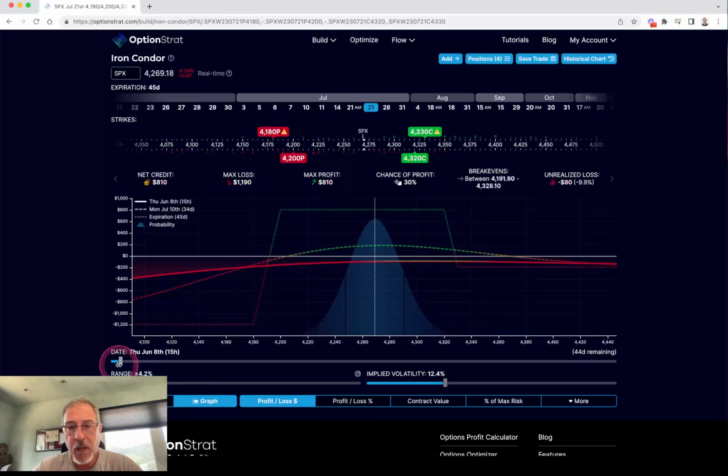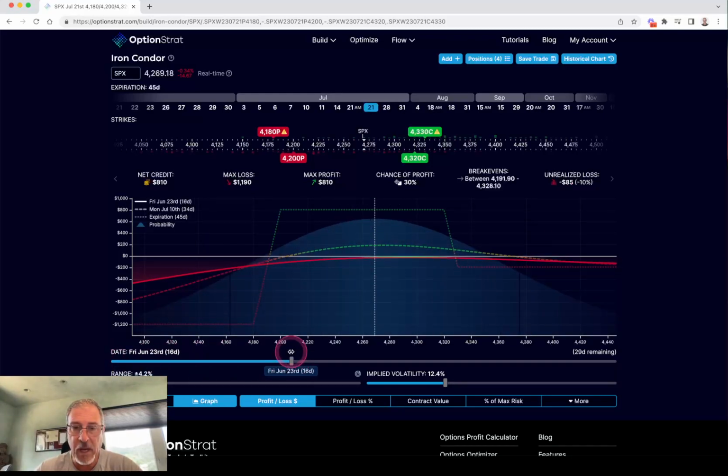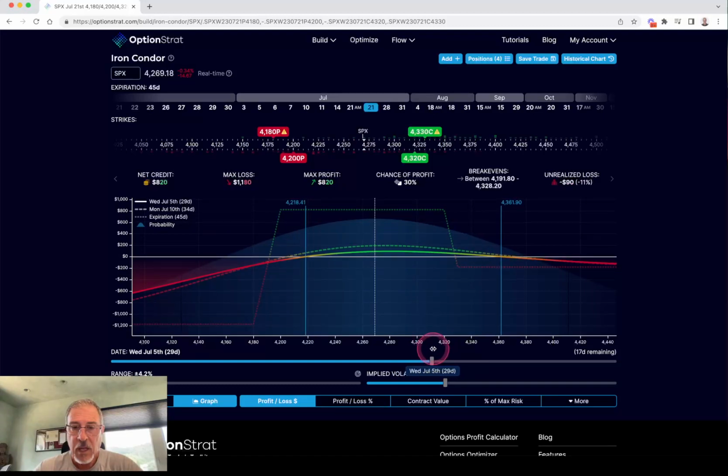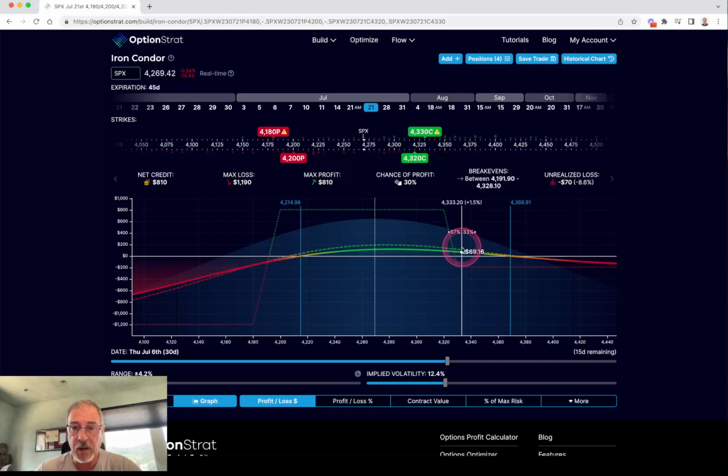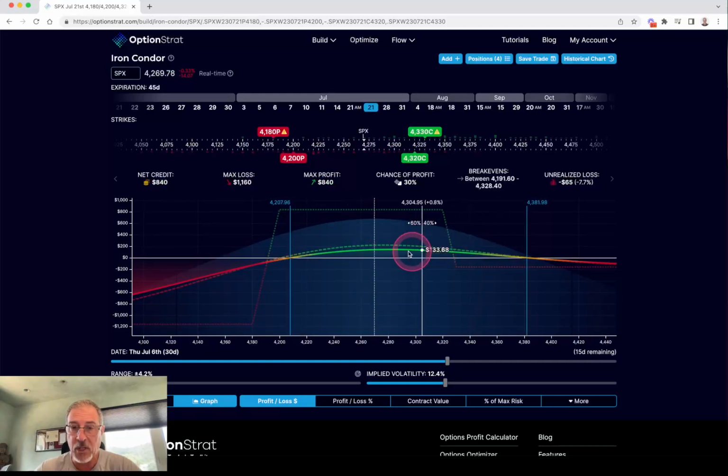And then what I'm going to look to have happen is over a period of a few weeks, I'm looking for this trade to kind of do this in this general wide range of 4,220 all the way up to 4,320, maybe even a little bit higher. So I've got a very wide range that the market can kind of move in over the next 4, 5, 6 weeks up until July 6th or so.